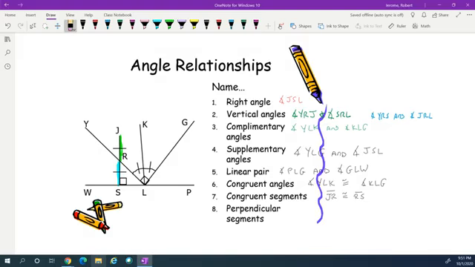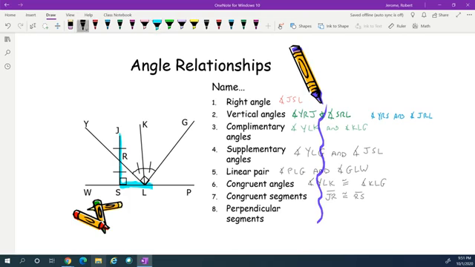And then finally, the last question here is about perpendicular lines. Well, or perpendicular segments. Remember, perpendicular lines make right angles. So look for your right angle. If you can find a right angle, then you can find perpendicular segments. So for example, here, we have a right angle right there.